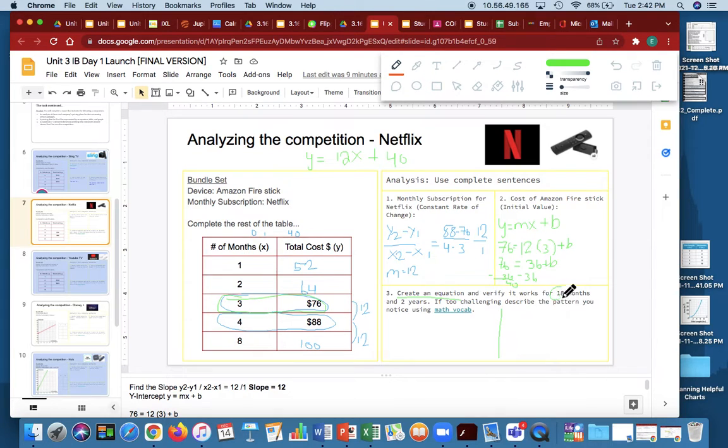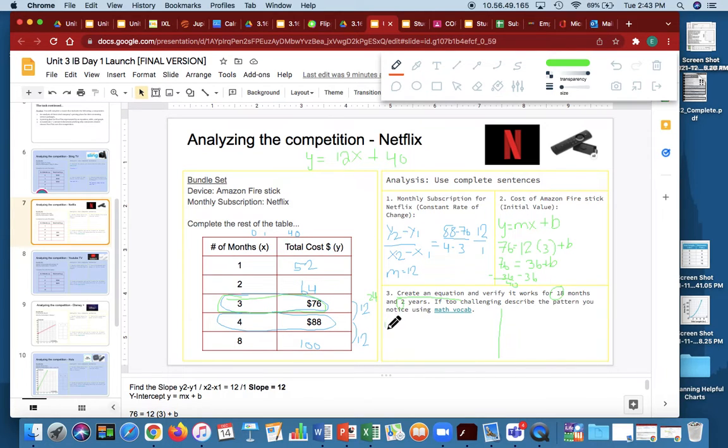This one says 18 months and this one says 2 years. Well, I need to think how many months makes 2 years? 12 months in a year, so that's going to be 24. Okay? So for this part, what I then do is I take my equation here and I plug in.